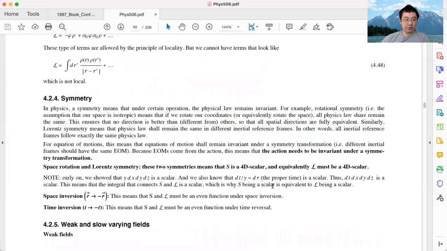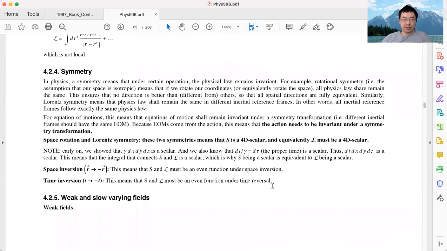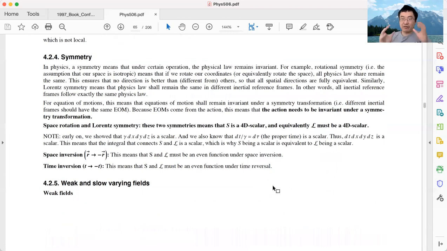The next point I want to bring up is symmetry. Symmetry in physics means that if we do something to the system, everything remains the same. For example, we mentioned earlier the rotational symmetry. We assume our universe is homogeneous and isotropic.